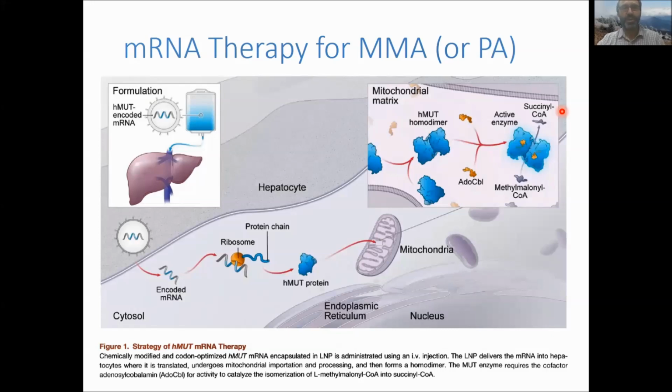And it works similar to this diagram for MMA, where again, there's an encapsulated RNA that is taken up by liver cells, and there's production of the normal, in this case, MUT protein to treat MMA, by breaking down the accumulated methylmalonyl-CoA into succinyl-CoA.